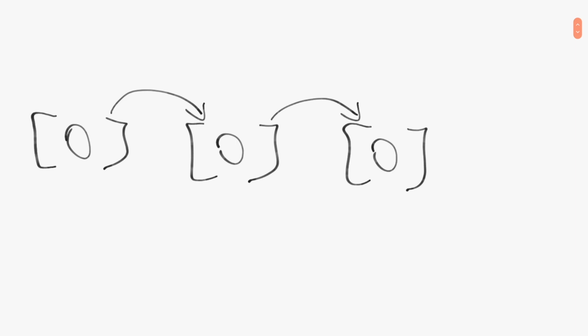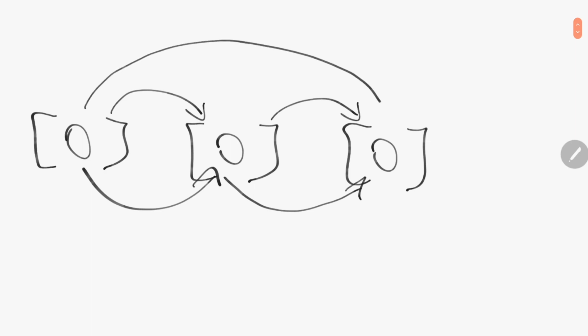If you would like to go, for example, to the third object from the list, you cannot go there directly. You have to go to the first one, then to the second one, and then to the third one. There's no way to go from the first to the third except going through the second one. That's pretty simple, I believe, but can be problematic in some cases.